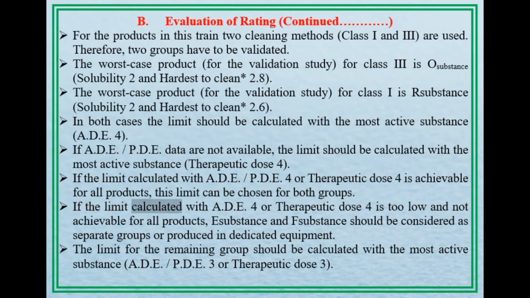If the limit calculated with ADE 4 or therapeutic dose 4 is too low and not achievable for all products, the two substances should be considered as separate groups or produced in dedicated equipment. The limit for the remaining group should be calculated with the most active substance, ADE, PD3 or therapeutic dose 3.